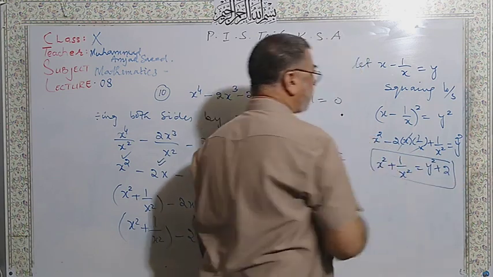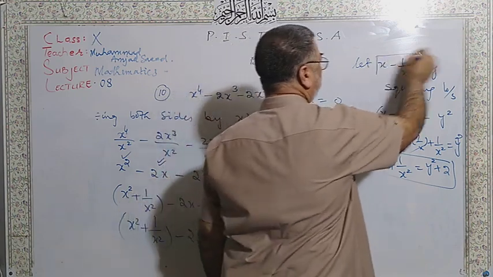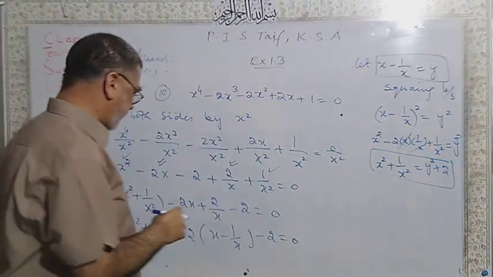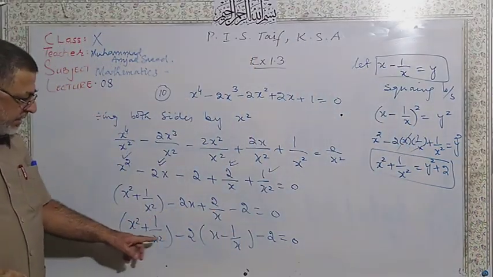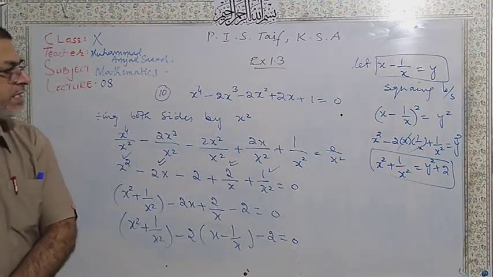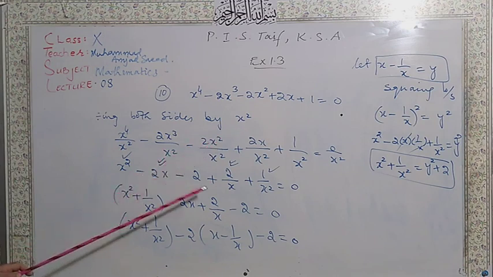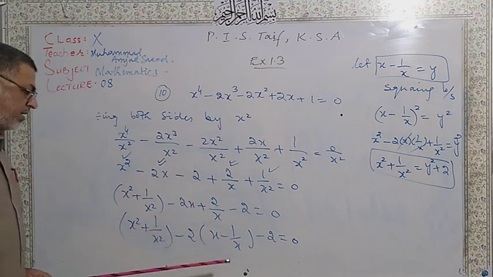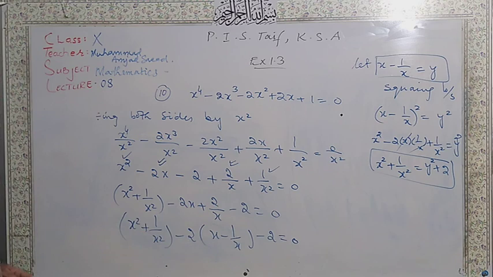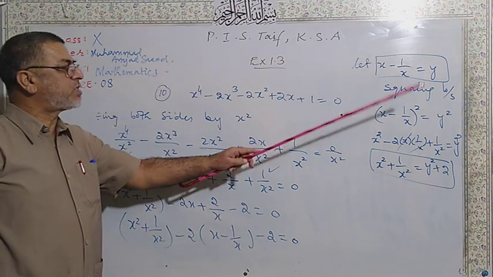Remember that this is your value of x square plus 1 over x square, and this is the value. You can see we have divided throughout by x square. After simplifying, rearranged, taking minus 2 common from here. First of all, we took x minus 1 over x is equal to y, squaring both sides.